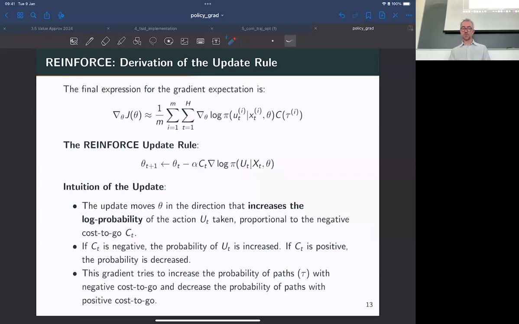Let's think for a moment about what we are actually doing when we use this gradient estimation. This pi is a probability measure, okay? And it tells you how likely it is to take action u when you are in state x.